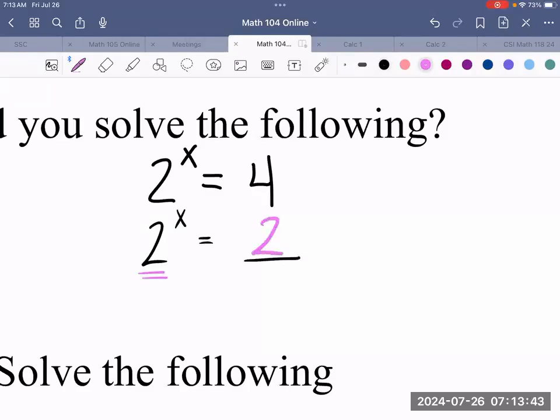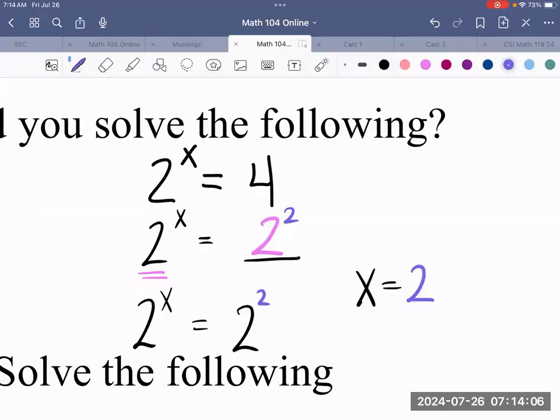So 2 to the what power is equal to 4? How many 2's do you have to multiply until that happens? Well, 2 squared is equal to 4. So that just means 2 to the x is equal to 2 squared, so x is equal to 2.